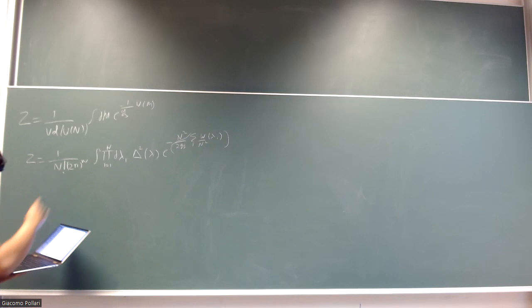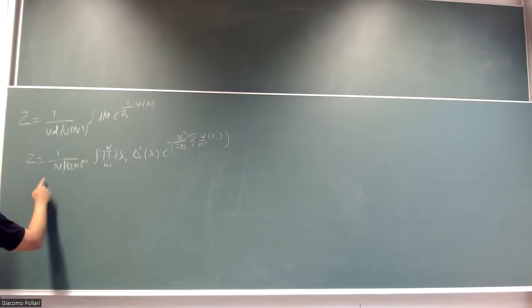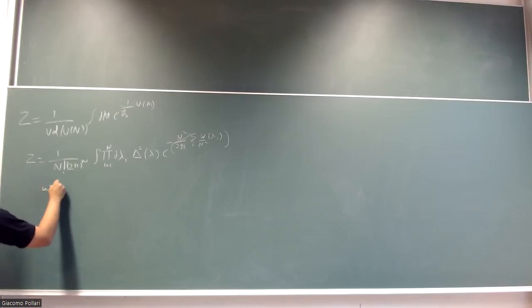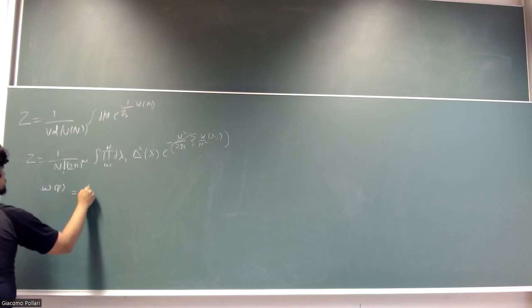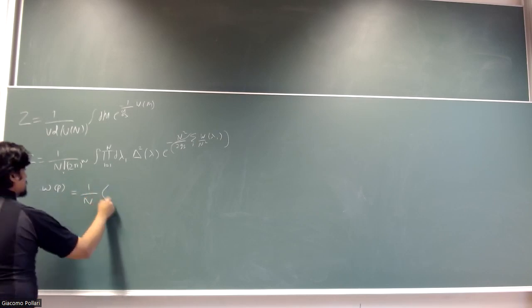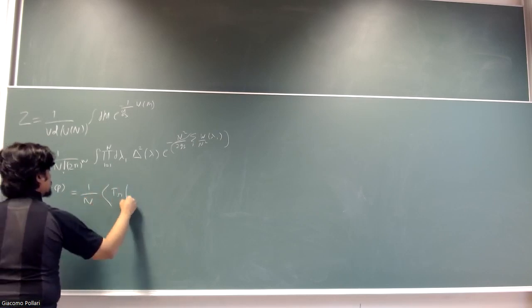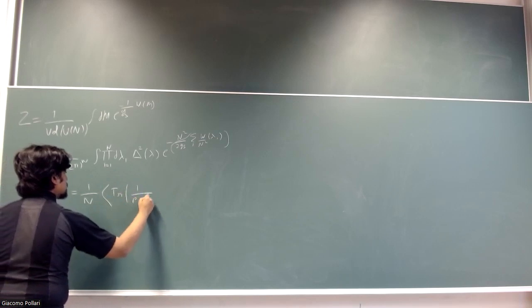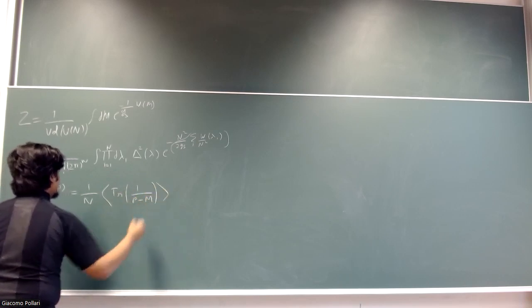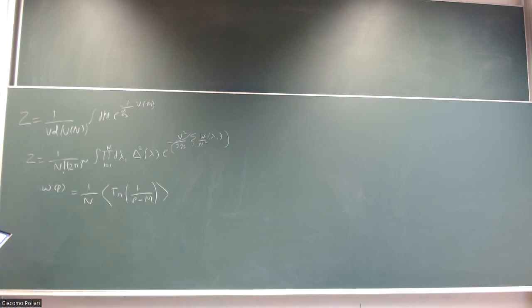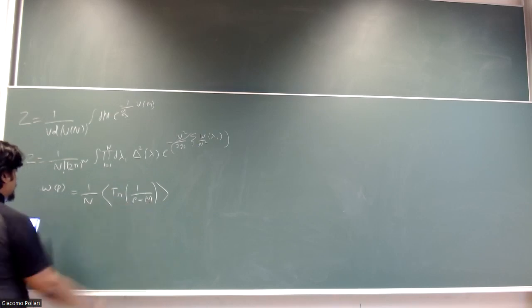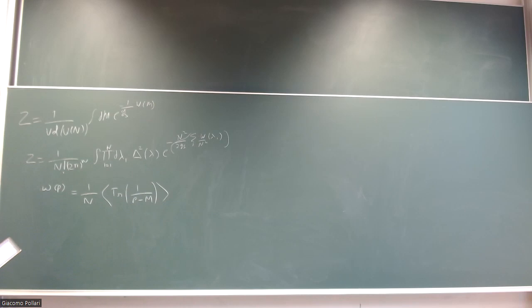Then we introduced the resolvent, given by something like this, which can be expanded in powers of 1/N and ordered by genus.